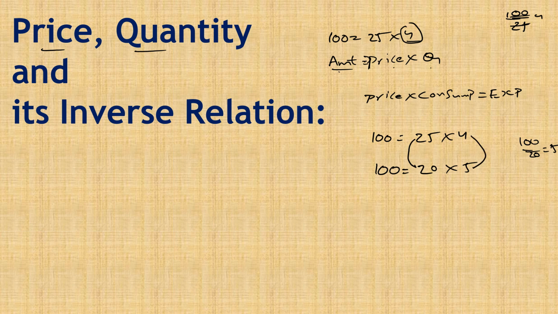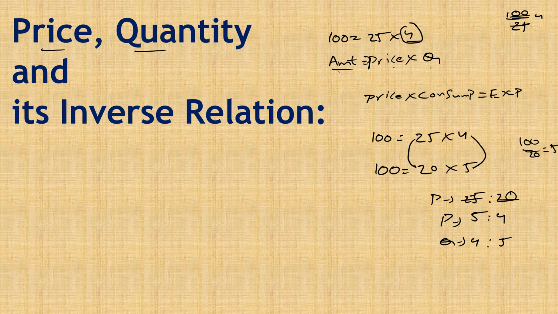I'll write here clearly, price 25 at the first time and 20 at the second time. What is the ratio of it? 25, 5 5s are 25, 5 4s are 20. It was the price, and you got the quantity of 4 kg at the first time and 5 kg at the second time.